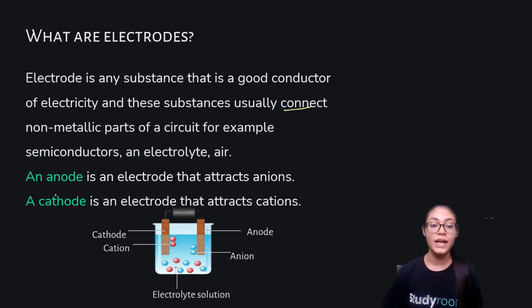Now, an anode is an electrode that attracts anions. Anions are negatively charged ions. And a cathode is an electrode that attracts cations. Cations are positively charged ions, right?